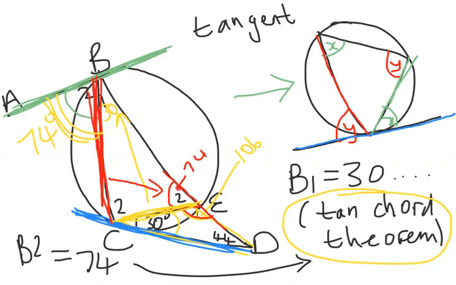We already worked out the 74, and now we've used this green tangent over there. Green tangent together with this red chord gives us an angle B2 in between. If we extend this B2, like this theorem says, the angle between the tangent and the chord equals the opposite angle. Therefore, B2 equals the opposite angle, which is this E2 equals 74.